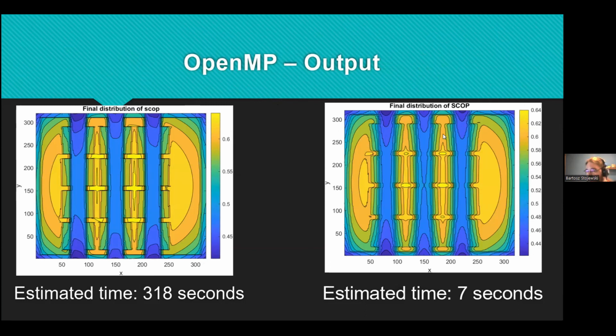It still needs some work, but you can see that the estimated running time is drastically reduced. And that was the goal of using OpenMP. By polishing the code, I hope to get the same solutions, using the same parameters, but with much less time.